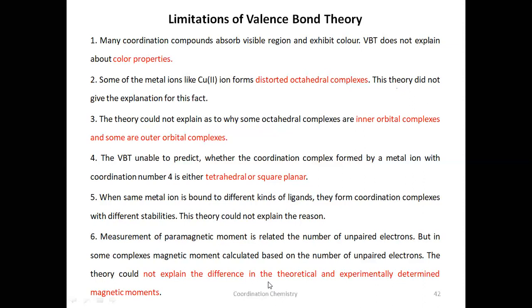But there are some contradictions when we consider the experimental values, and the theory could not explain those contradictions. So these are the important limitations: color property, stability, and most importantly the tetrahedral and square planar complex geometries. These are the contradictions of valence bond theory. To overcome them, newer theories were developed, like crystal field theory, which we will be discussing next semester, hopefully. With this we have completed valence bond theory. Now let us see the isomerism of these complexes.